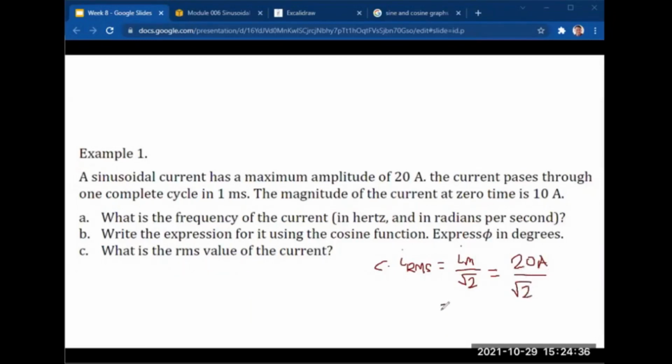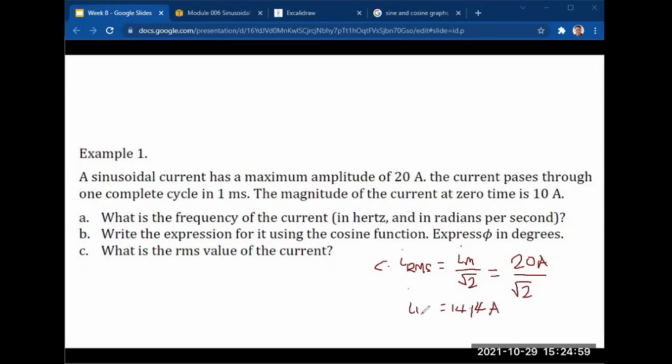So let's try to solve all together using your calculators there. This is 20 divided by square root of 2, which is equal to 14.14 amperes.